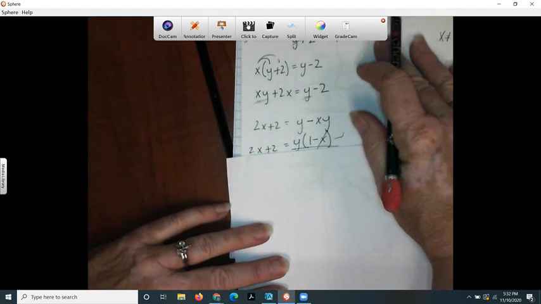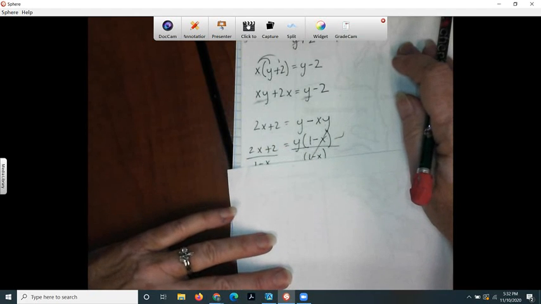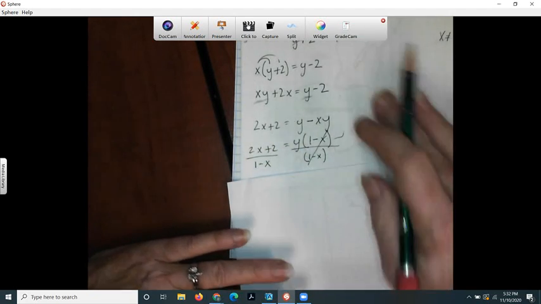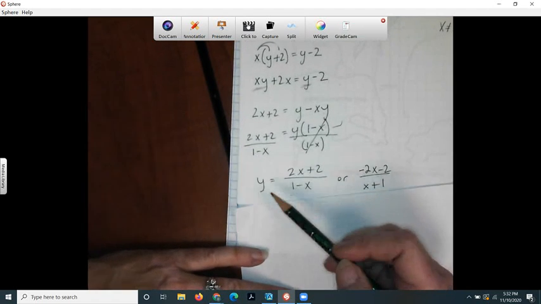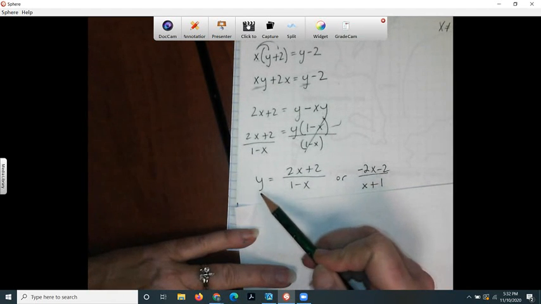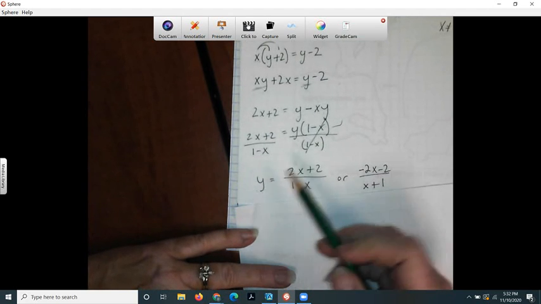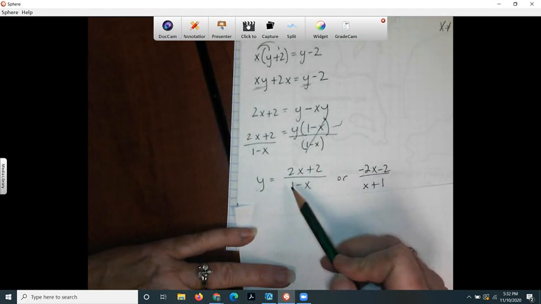And then I'm going to divide both sides by 1 minus x. And then I have the equation of my inverse. That's f inverse of x. So I left it as 2x plus 2 over 1 minus x.